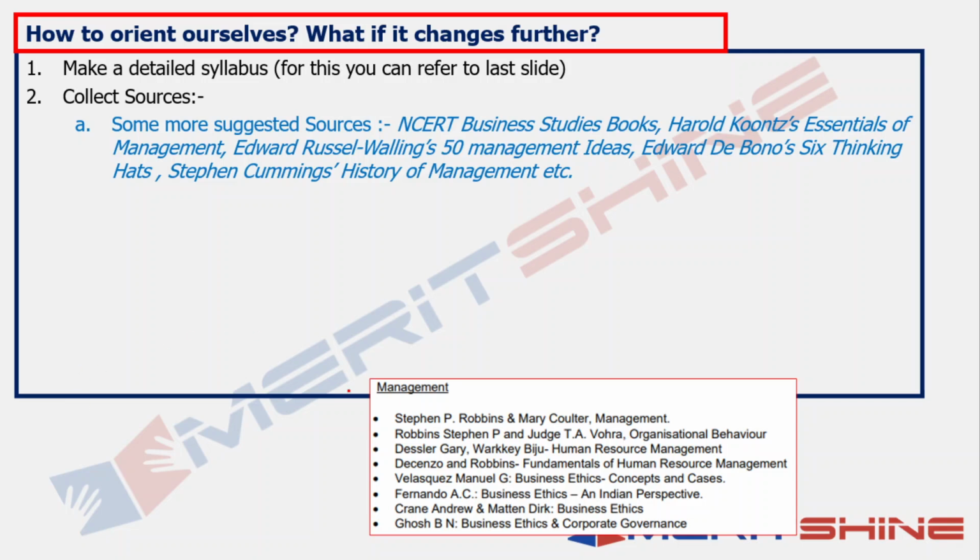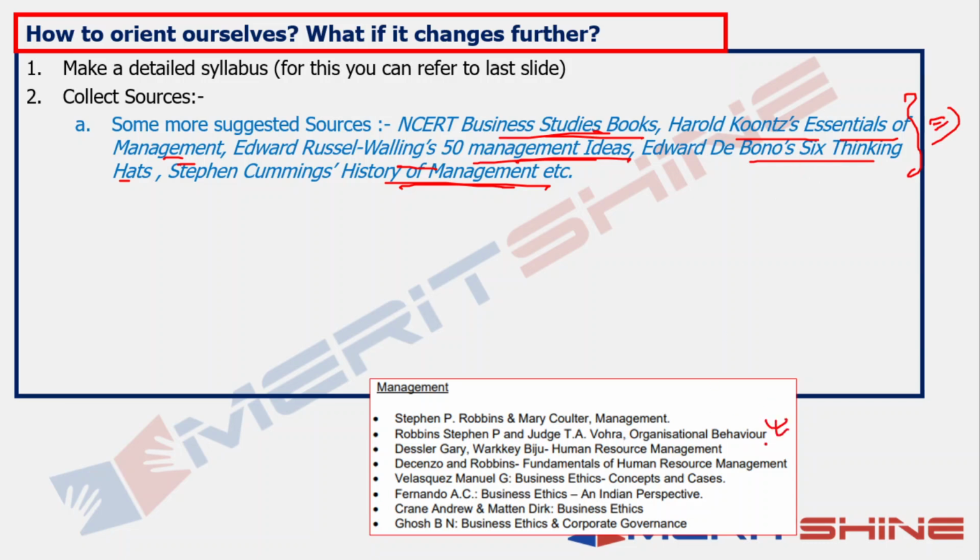Okay, so what are my suggested sources? NCERT Business Studies books, 11th and 12th, Harold Koontz's Essentials of Management, then Edward Russell's 50 Management Ideas, Edward de Bono's Six Thinking Hats, Stephen Cummings's History of Management, right? So these are some of the books that I would recommend to you.